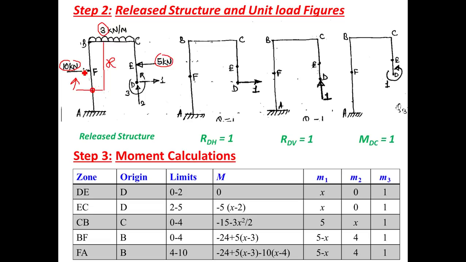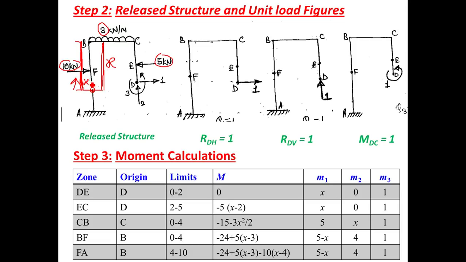First, moment of this 10 kilonewton. 10 is a horizontal force, meaning the vertical distance is the perpendicular distance. So this distance is the perpendicular distance for 10. Total distance is x, and this distance B to F is 4 meter. So what is this distance then?